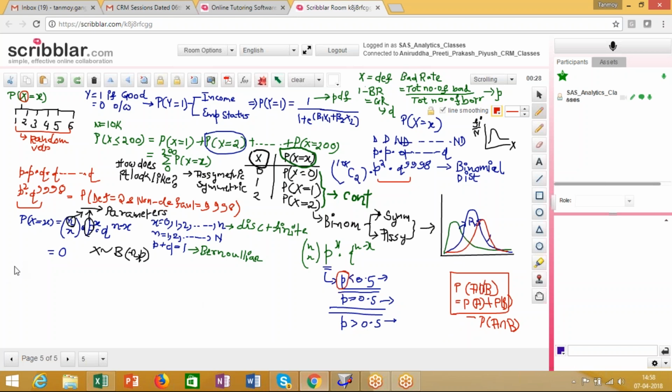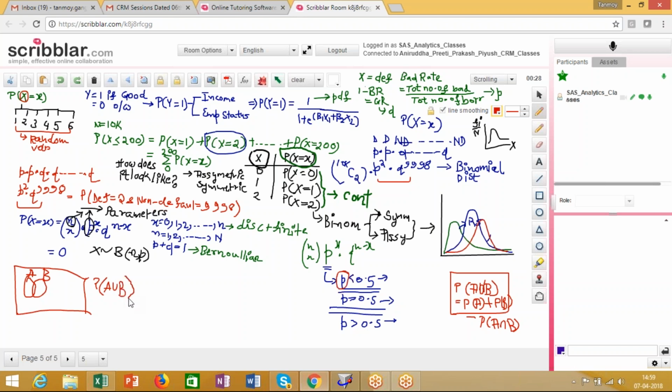Say for example, I have a box like this, with A and B. Now I'll say the probability of A union B. What does A union B mean? If I say I'm trying to compute the probability of A union B, what am I actually trying to do?